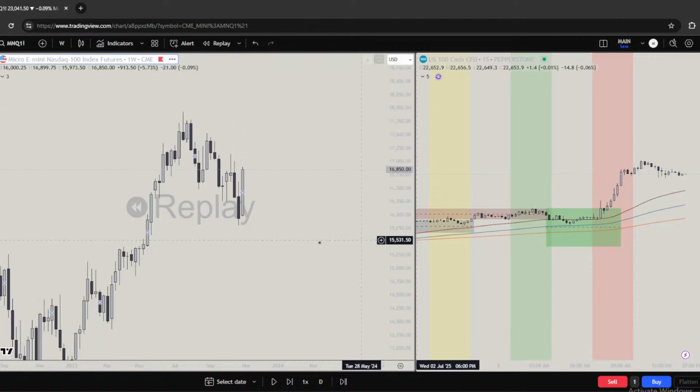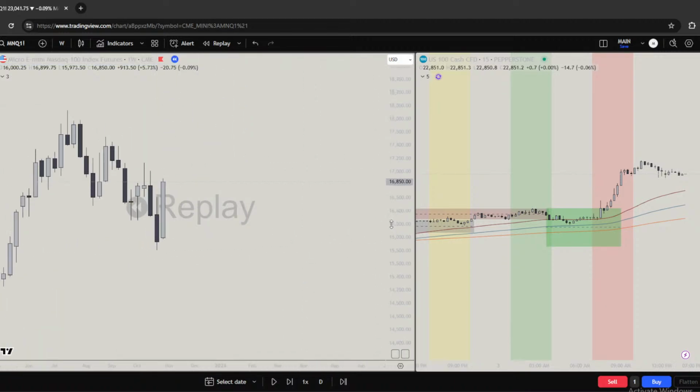See how the weekly looks. We got this order block down here, that weekly order block.